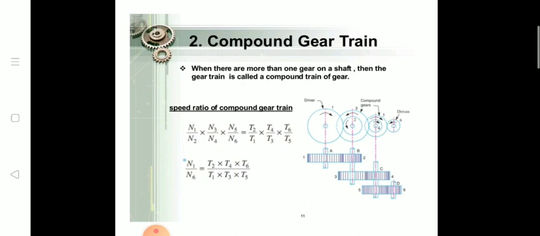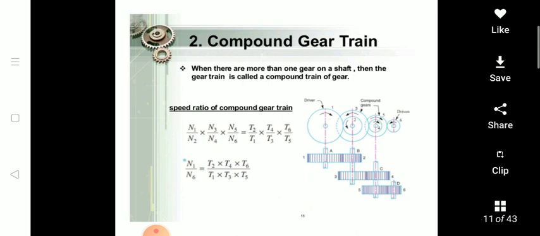As in the figure, see here, T2 is driven by the driver, but T3 is driven by T2. So if we take just the intermediate gears, gear number 2 and gear number 3, gear number 2 is converted to a driven and gear number 3 is converted to a driver, right?